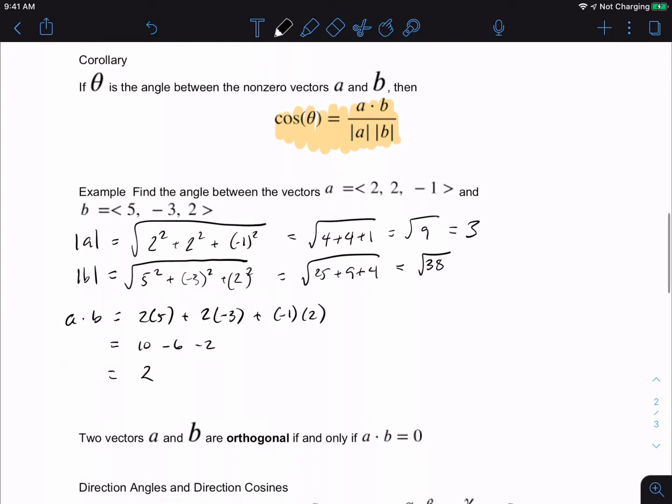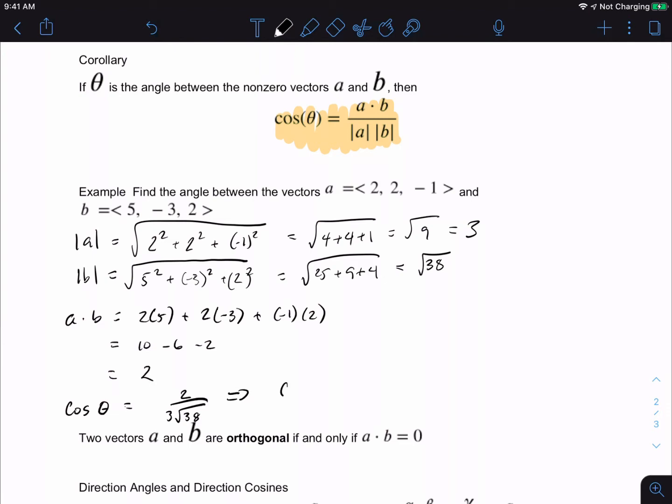And so to find the angle between vector A and B, I'm going to go cosine theta equals the dot product over the product of the two magnitudes. So it's going to be 2 over 3 times the square root of 38.